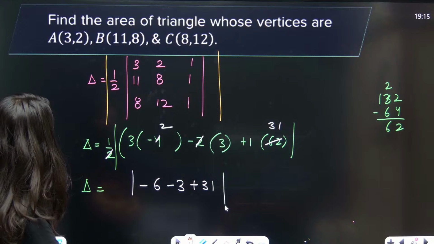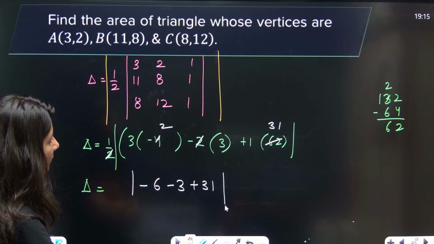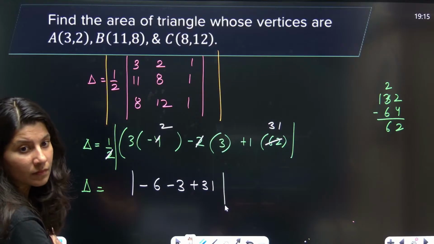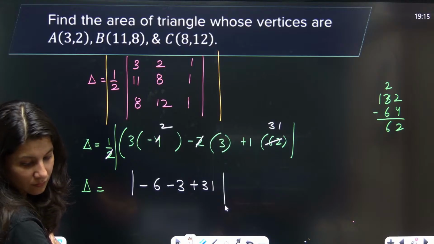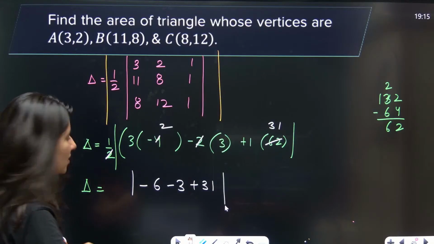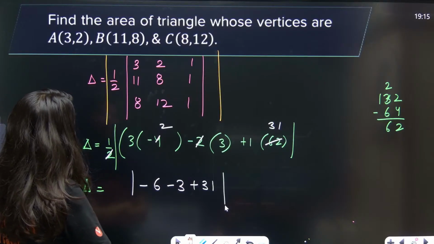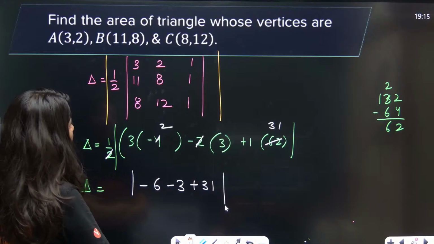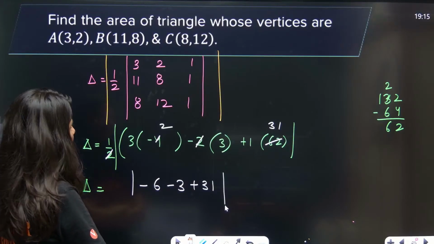Have I done anything wrong? It is a 64. No, the answer is 25. I have done some mistake. Okay. 8 minus 12, I think this is correct. Minus 2 into 11 minus 8 is 3.